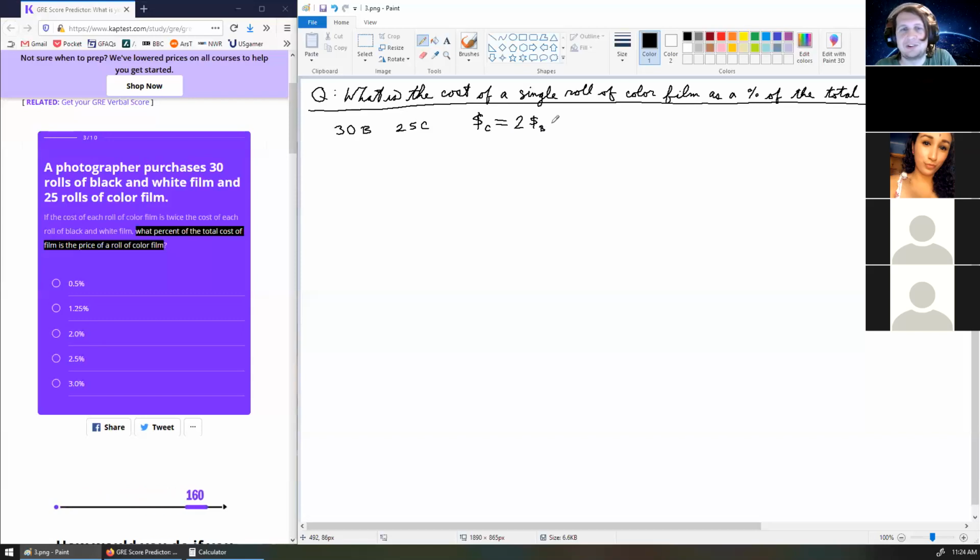I come from the computer science world where every single equation we write is just variables everywhere. There's no numbers anywhere. So one thing to help you with your math is come up with good variable names. For me, this $C makes a lot of sense. $B makes a lot of sense.